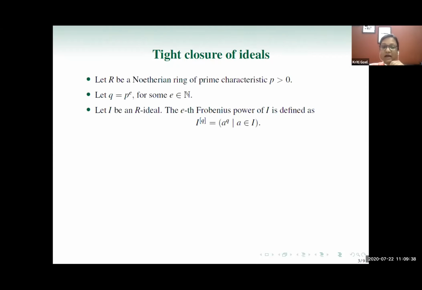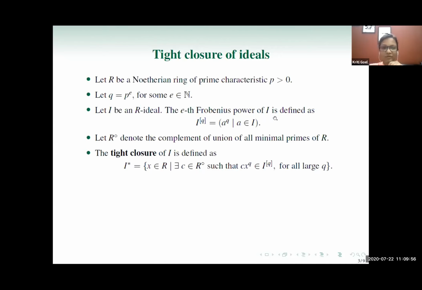If we have an ideal I of R, by I bracket q, we mean the eth Frobenius power of I, which is the ideal generated by a to the q, where a varies over all the elements of the ideal I. One more notation, by R naught, we mean the complement of the union of all minimal prime ideals of the ring R. In this setup, the tight closure of the ideal I is defined as the collection of all those elements x in the ring such that there exists a c in R naught such that c times x to the q is in the eth Frobenius power of the ideal, and this should hold for all large q.